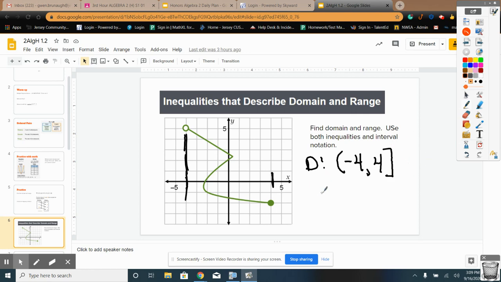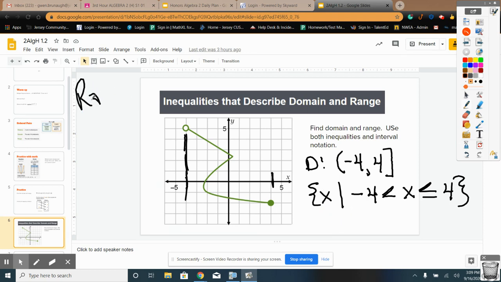That is interval notation. You could also say the set of all x such that you can put the small number less than x less than or equal to 4. Forehead, nose, and chin. That's another way to write the domain. For the range, you're talking about the down, up, the small to the big. So where does this guy bottom out?